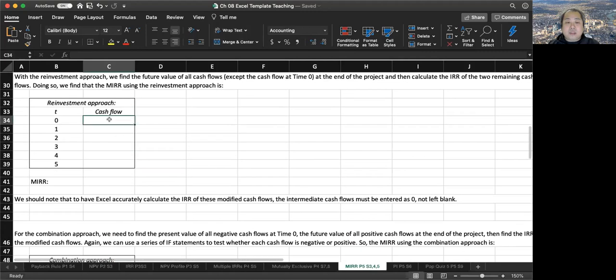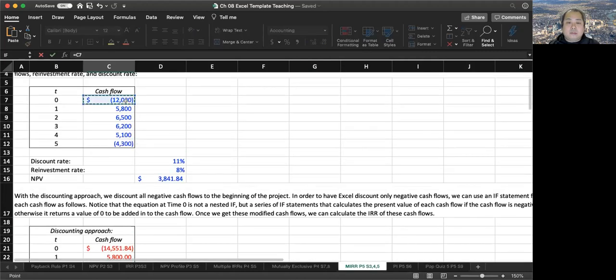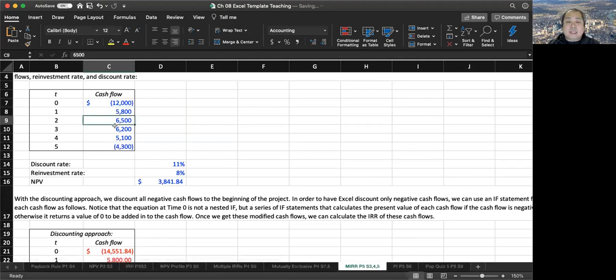And the 5th year, this is just negative. And then you reinvest these year 1 to 4 cash flows up to the 5th year using the reinvestment rate of 8%.